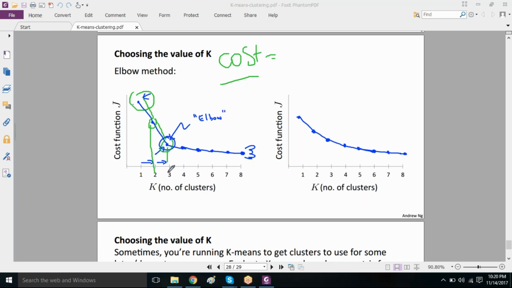But after k equal to 3, what you are seeing is that it is not decreasing, or decreasing with very little difference. It's more like a parallel line. So there is not much difference. So I will choose k equal to 3 simply. Why k equal to 3? Because after k equal to 3, it was not decreasing much.